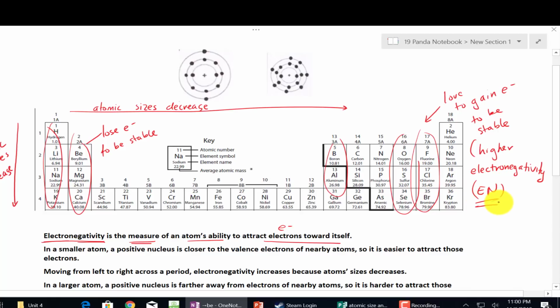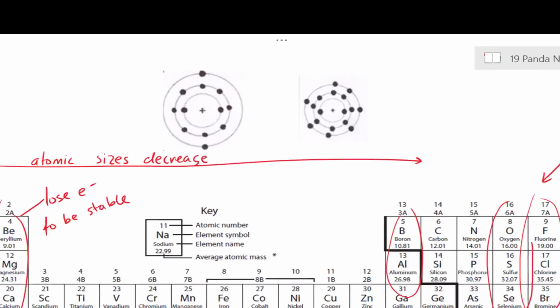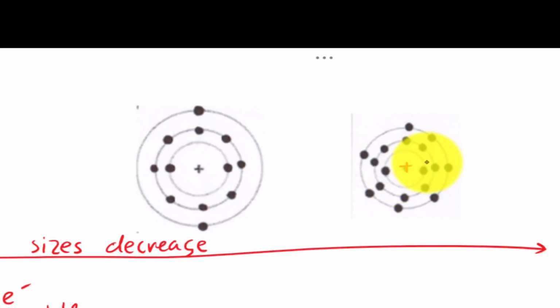Now let's look at the trend for electronegativity. What we notice is that all the atoms over here are very small compared to this side. So in a smaller atom, you need to imagine, inside here we have a positive proton. And from that positive going outside, we have our radius, right? But surrounding here are a bunch of electrons from other atoms. You have to imagine that.